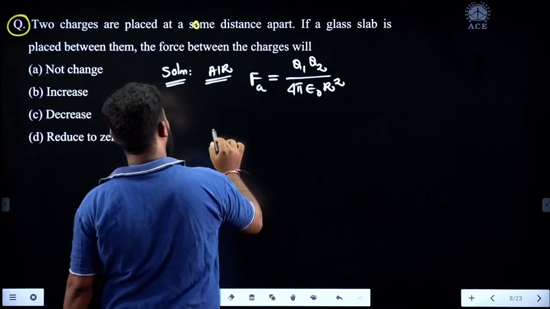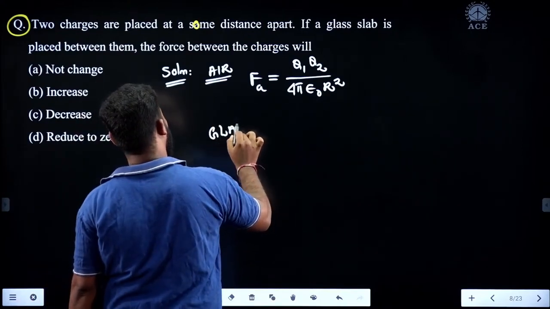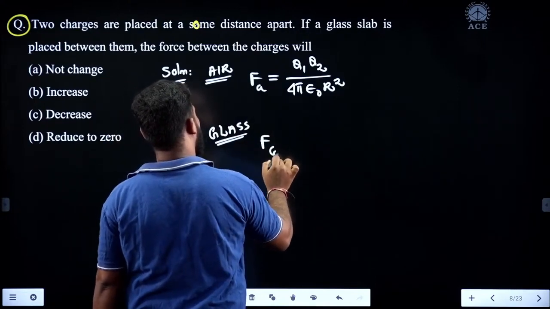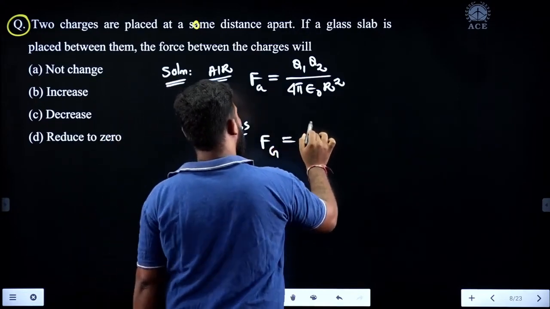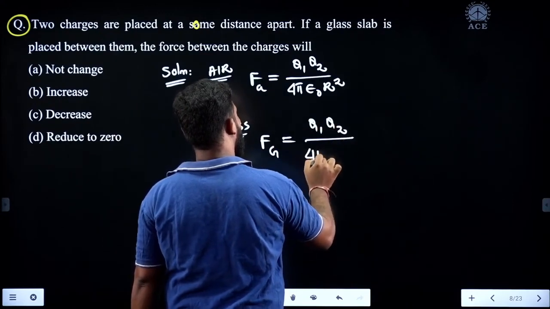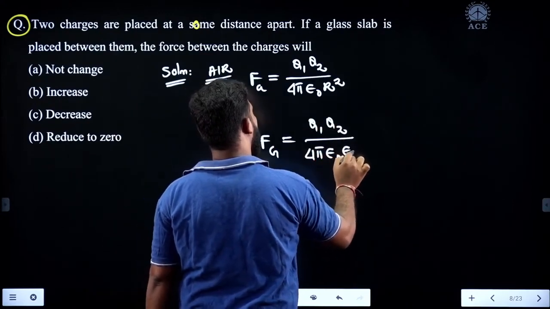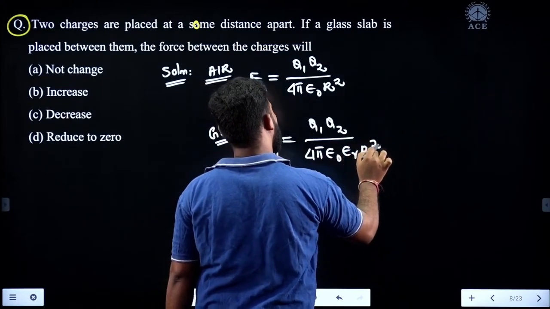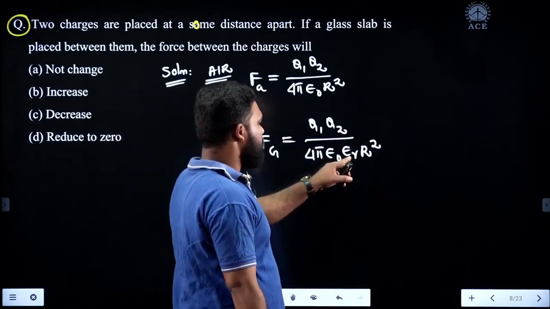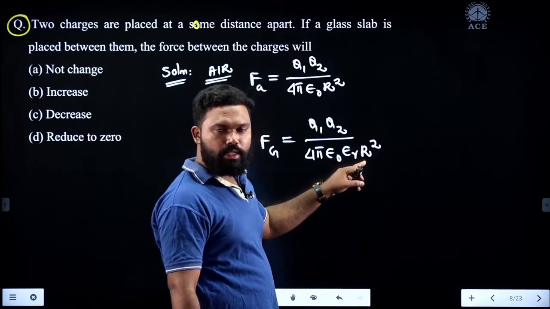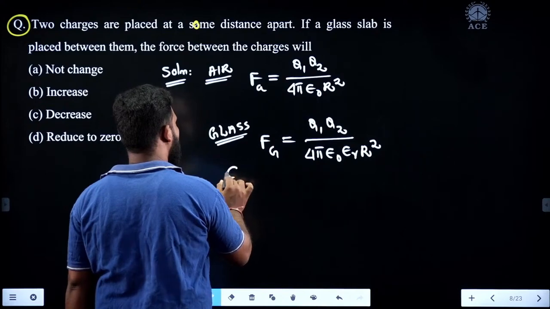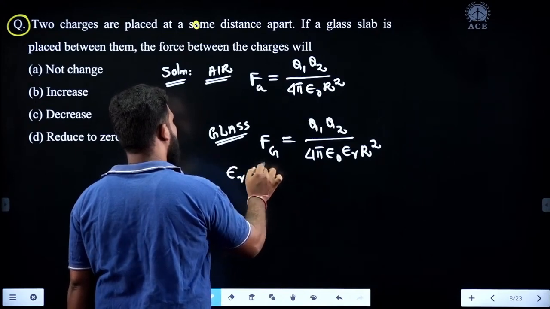Now you are introducing glass between the two charges. I will call this FG. FG is equal to Q1 into Q2 divided by 4 pi epsilon naught epsilon R into R square. Clear? So here there is an extra term, epsilon R, for the glass. How much that epsilon R is we do not know, but epsilon R will be greater than 1.